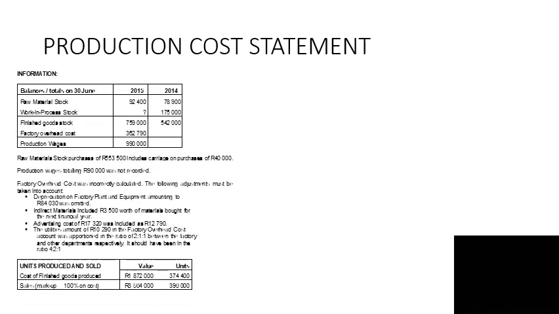I have this information: balances or totals on 30 June 2014, raw material stock 78,900, work in process stock 175,000, finished goods stock 542,000.